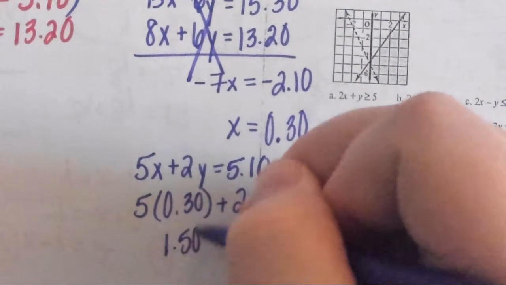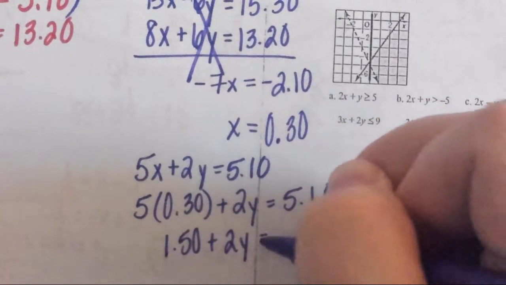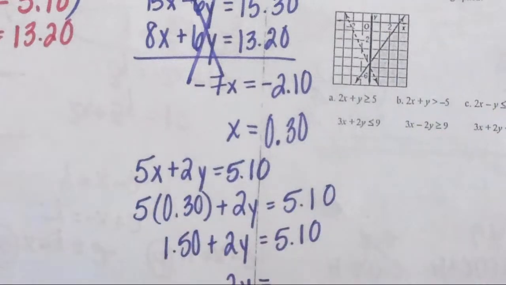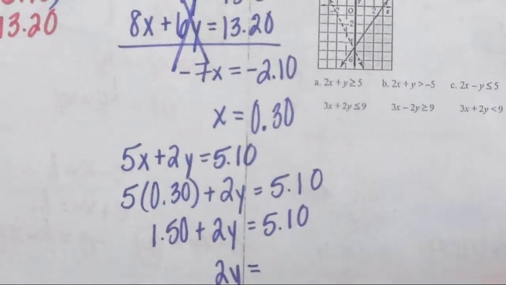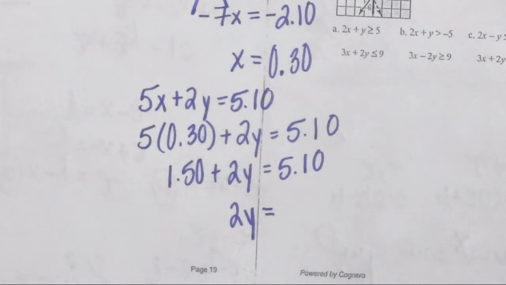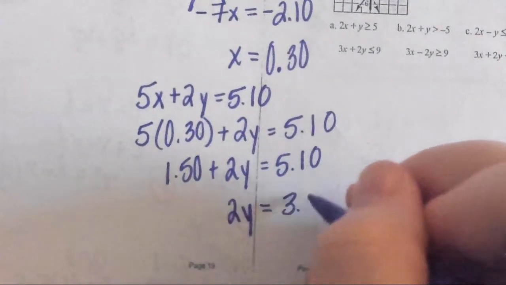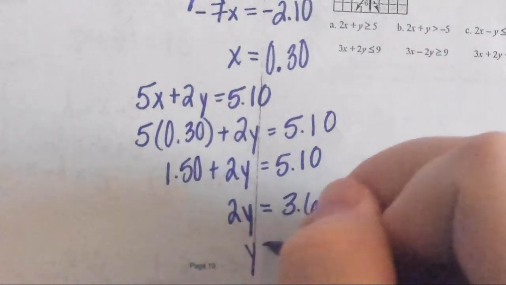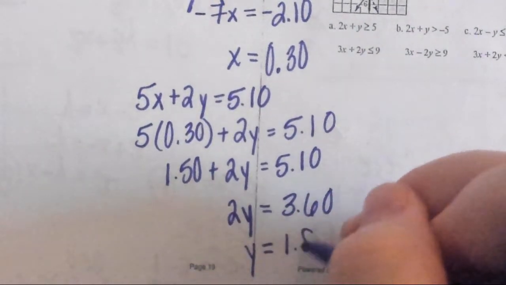I think I get 150 plus 2y equals 510. So 2y equals whatever 510 minus $1.50 is. And then I need to divide by 2, and I end up getting 180.